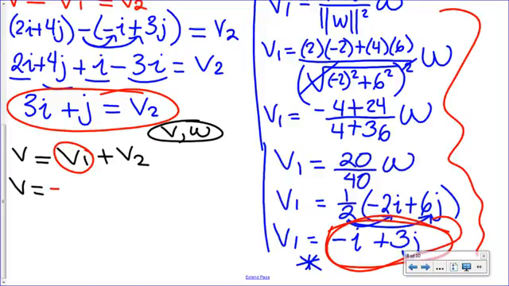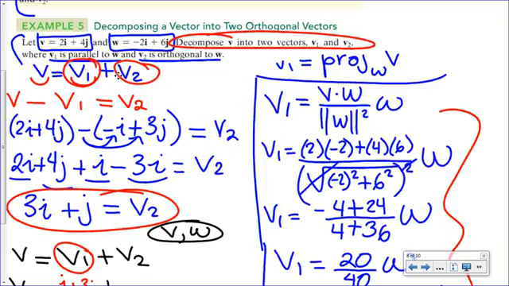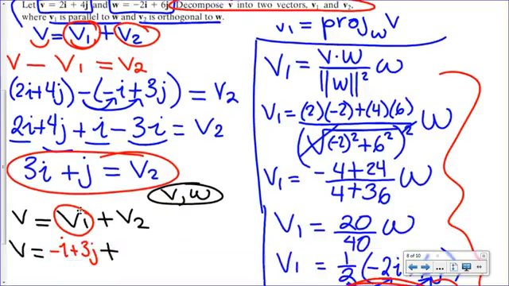So we found that that one was negative i plus 3j. After that, by using the equation that we have here, since we already knew the i and j components of vector v, and we knew the i and j components of vector v sub 1, we solved for v sub 2 to find the i and j components of it, and that's what we found here.